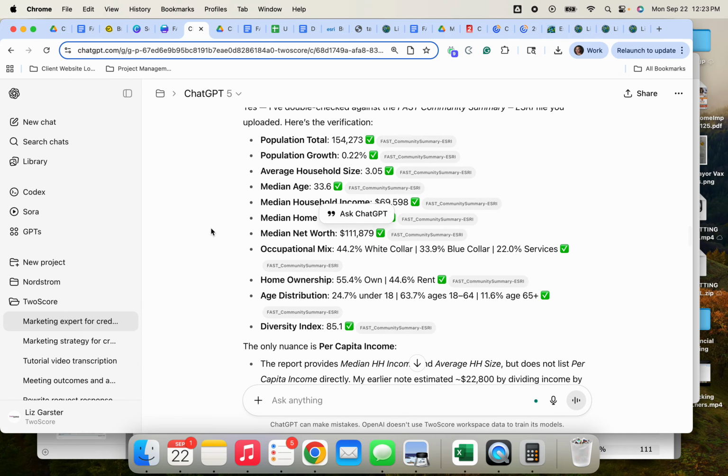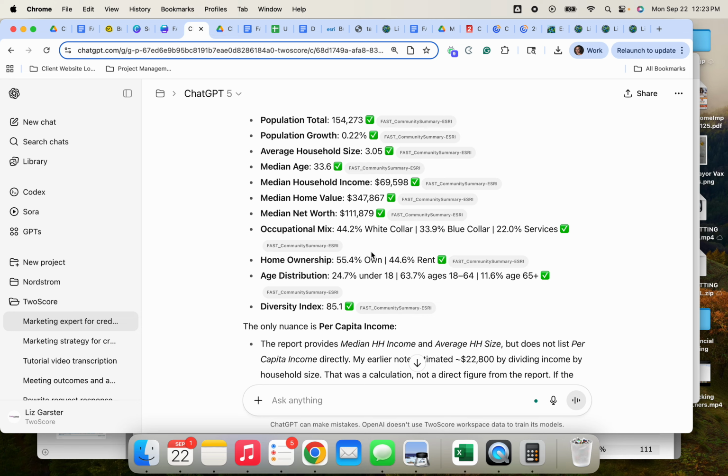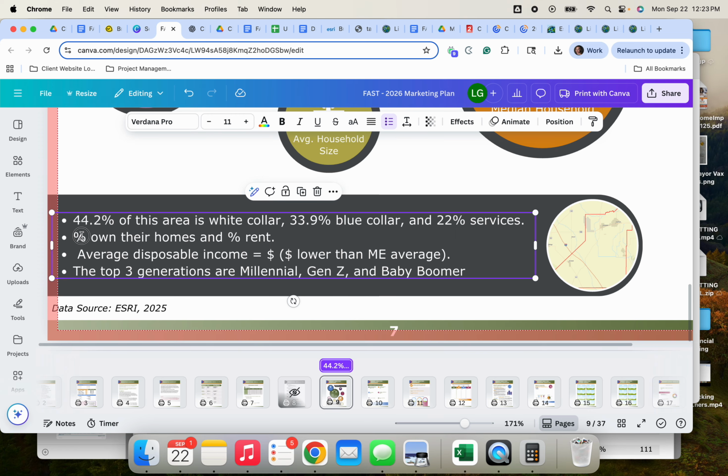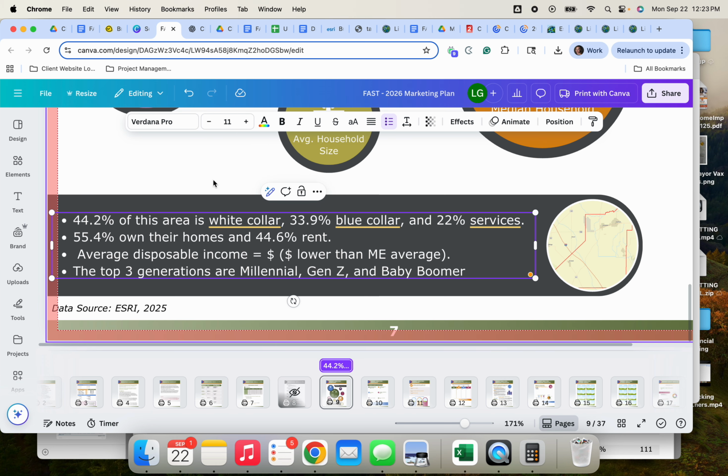What percentage own their homes versus rent? 54 own, 44.6 rent. 55.4, 44.6. 55.4, 44.6.